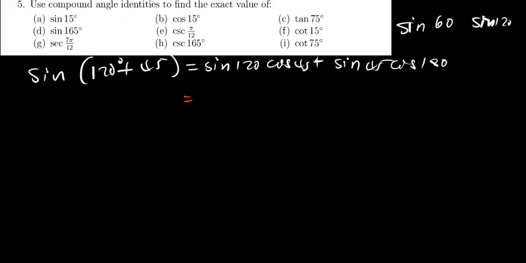But for this one, we need to be very careful, because we need to look at the 120. That is going to help us know whether it is negative or positive. The angle that we are talking about right now is in the second quadrant.